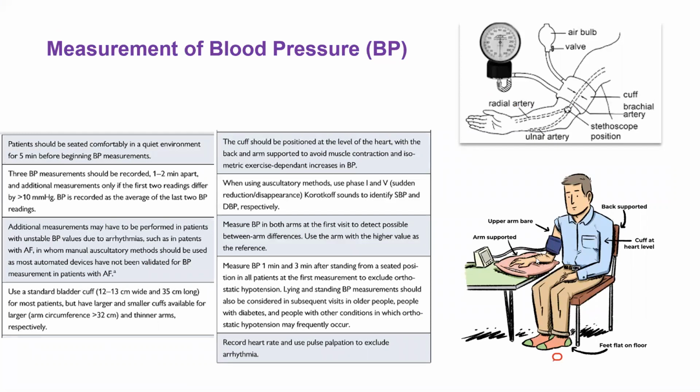His arm is also supported, and we carefully put the cuff of the sphygmomanometer on the patient's arm, and we pay attention to the position of the patient's feet. His feet are on the floor. During examination, the patient is sitting calmly and is not speaking.